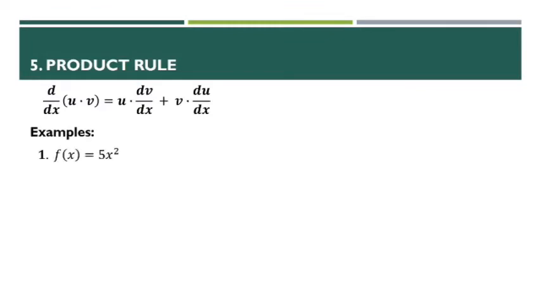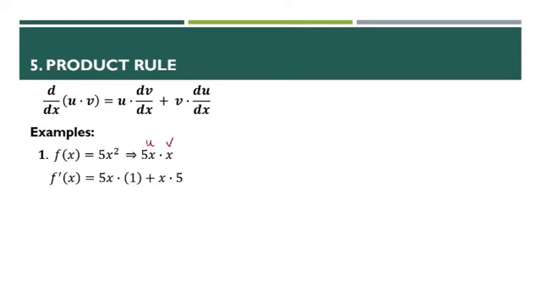For 1, given that f of x is equal to 5x squared, which can be shown as the product between three factors, 5 times x times another x. So dito, pwede nating hatiin 5x times x. So following the product rule, we have 5x as your u. So ito yung u and ito yung v.